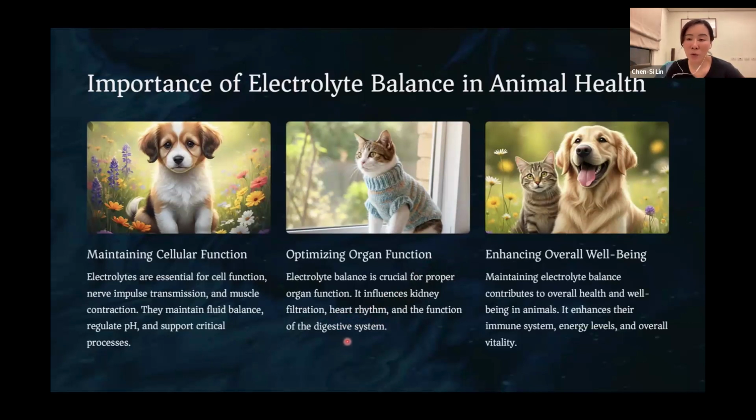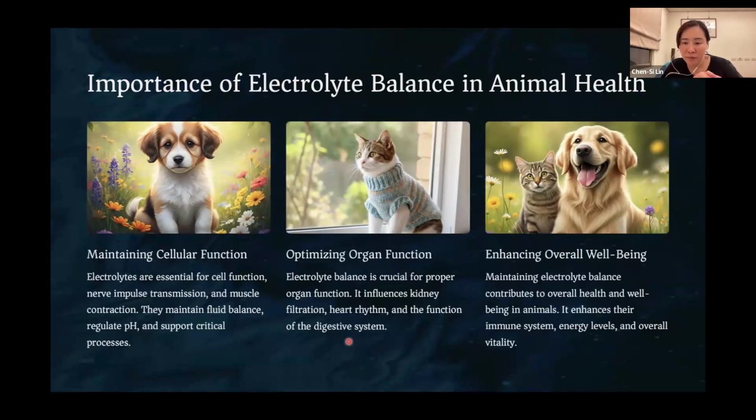Later we will also introduce them. Electrolytes such as sodium, potassium, and calcium are important in the kidney, heart, and digestive system. These three basic organs or systems are important.